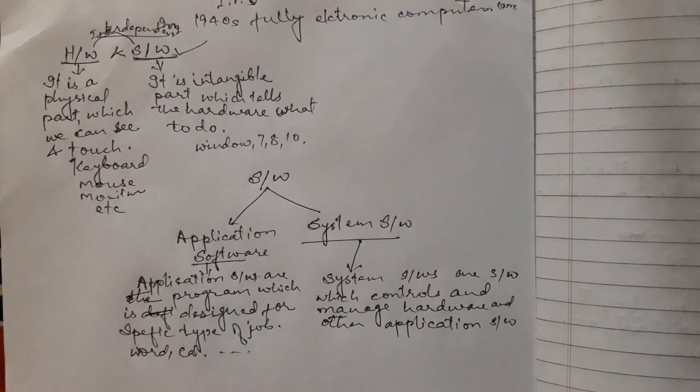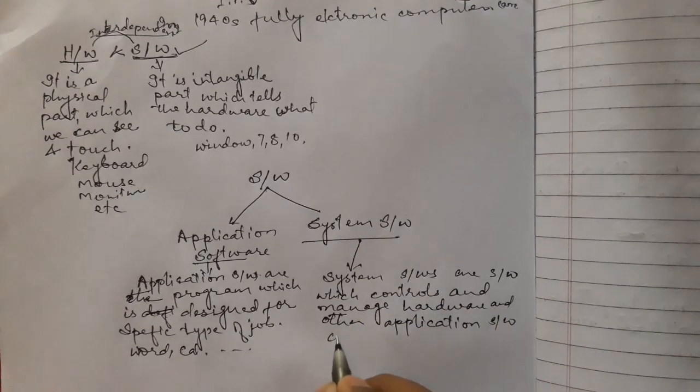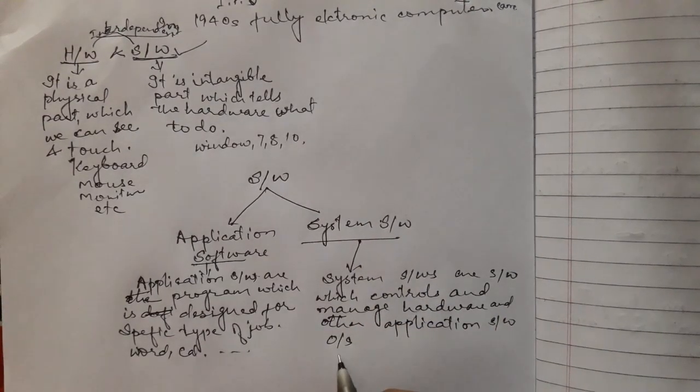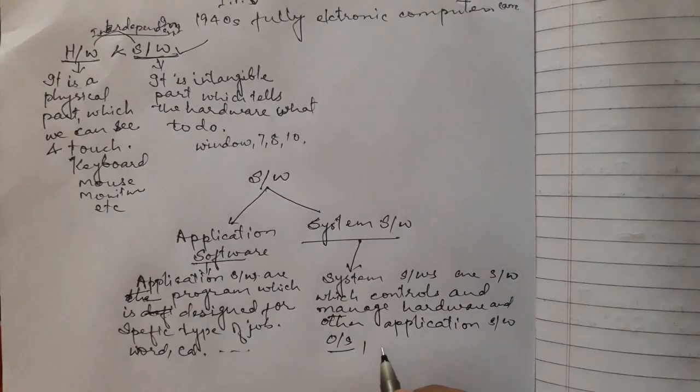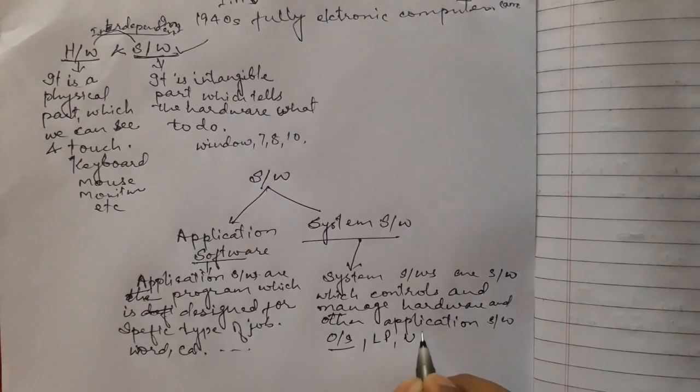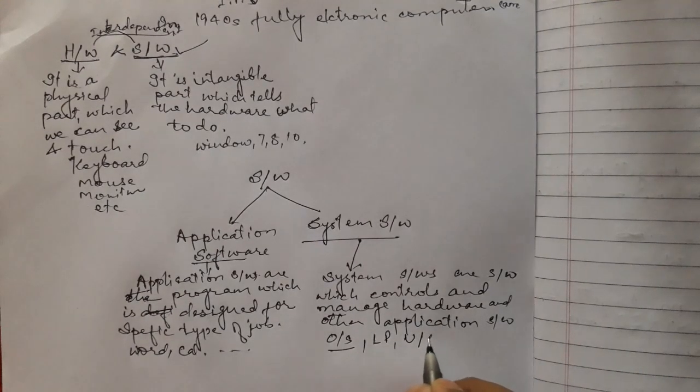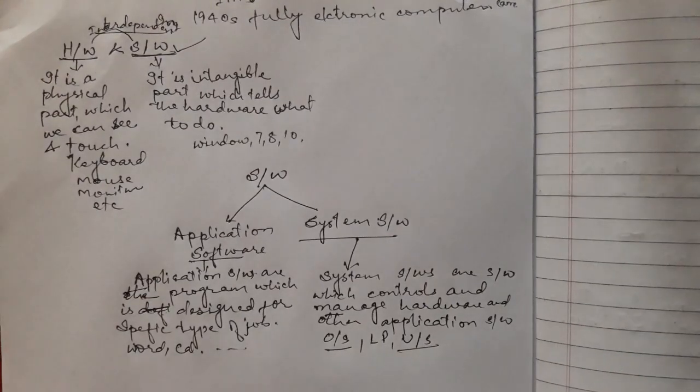System software includes the operating system, that is OS, and then utility software, language processor. These are examples of system software.